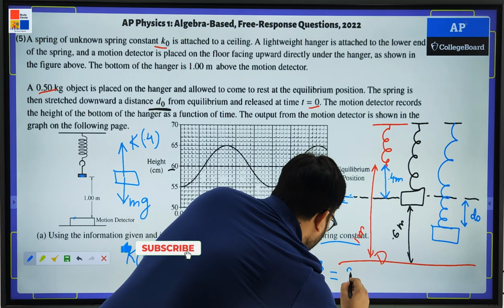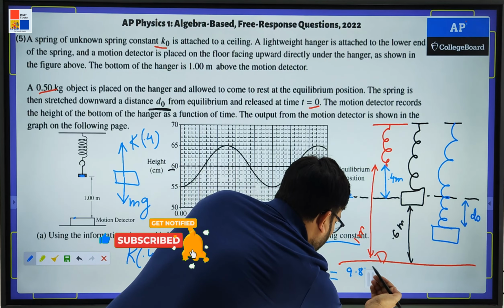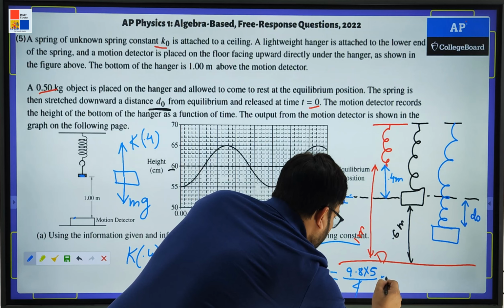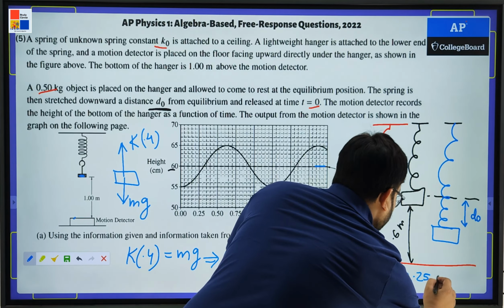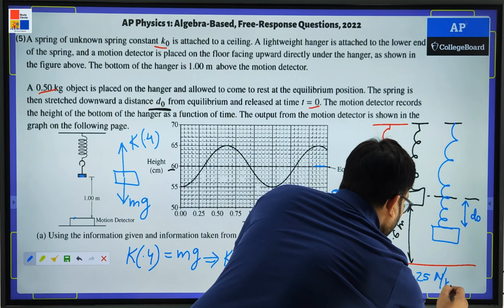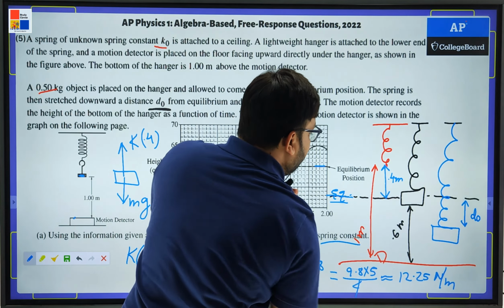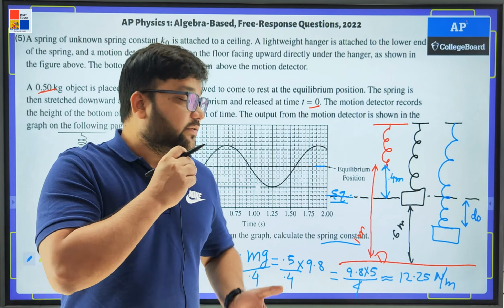This is equal to 9.8 into 5 upon 4. That is approximately 12.25. The unit will be newton per meter. So the unit of K is newtons per meter. That is equal to 12.25 newtons per meter. That is the value of K we are getting for the first part.